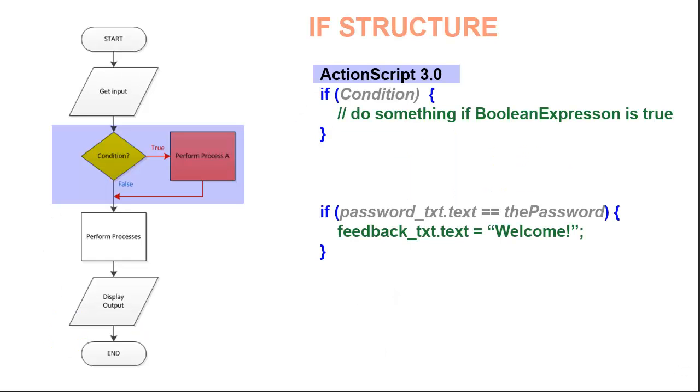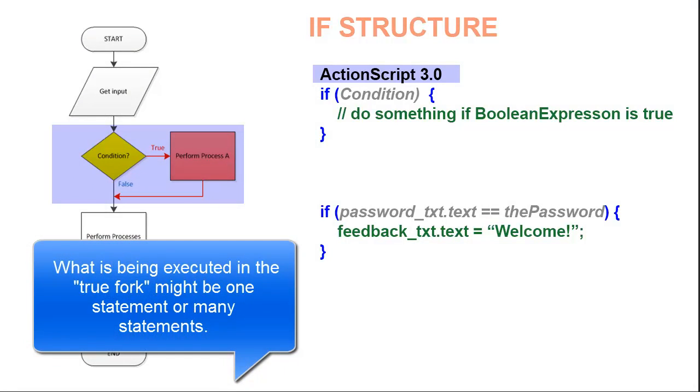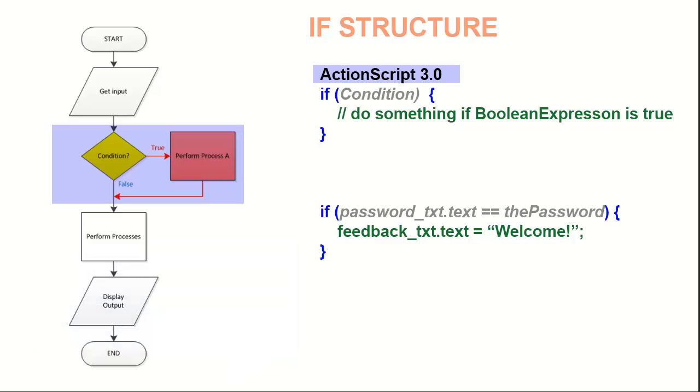If we were to code this particular structure, we would use an if structure in which we have the keyword if, some Boolean condition or Boolean expression that is being evaluated inside the parentheses, and then inside the brackets would be what we want to have execute if the expression is true. For example, we might be asking as the user enters a password if that password matches what we're expecting.